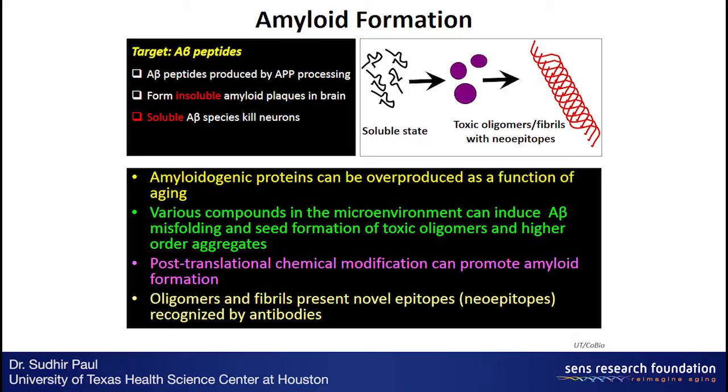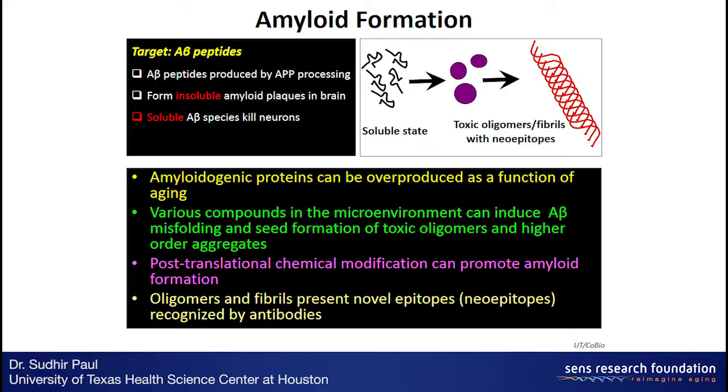These oligomers dampen down the LTP. And then, of course, the fibrils are the core of the plaques. These are thought to be physically injurious in the brain, although there is some data that they can also be toxic directly for neurons.